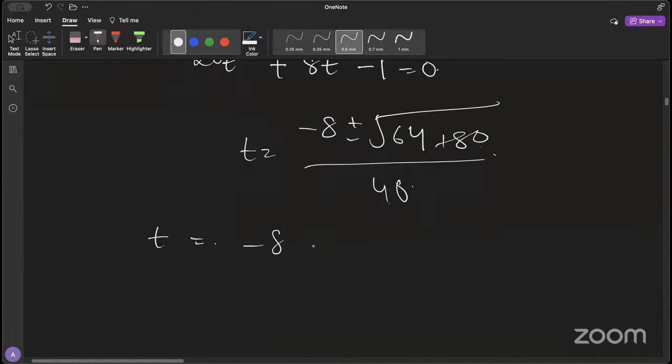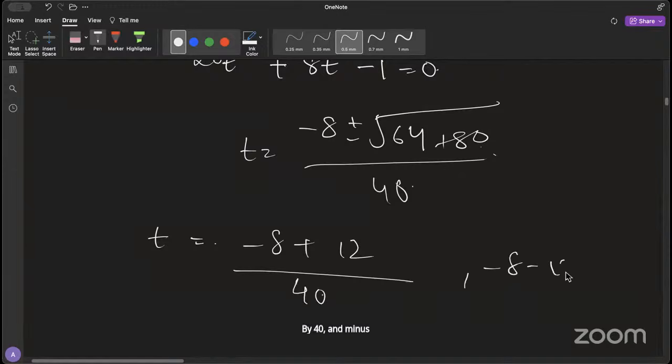t is equal to minus 8 plus, and this is 144, so the square root of 144 is 12, by 40, and minus 8 minus 12 by 40.